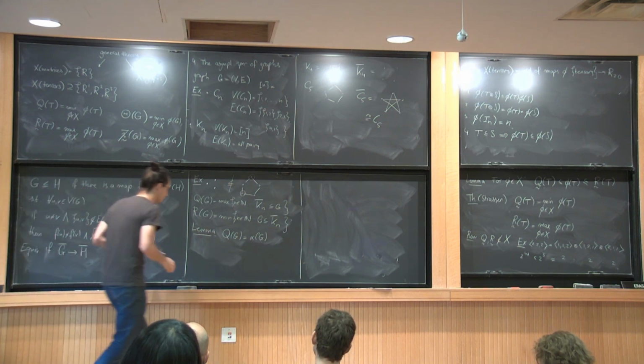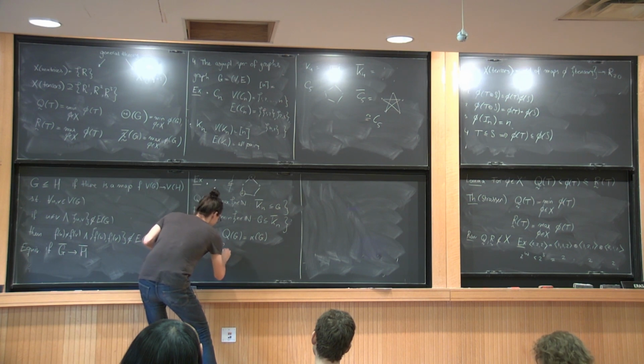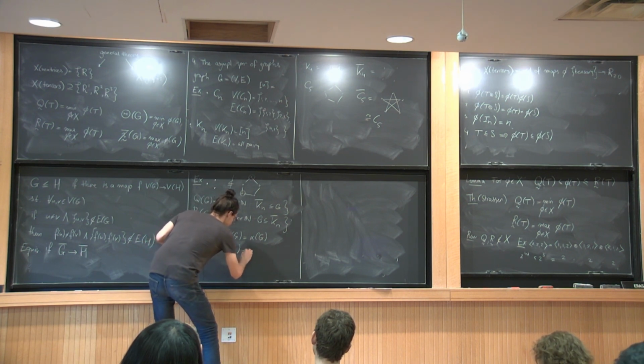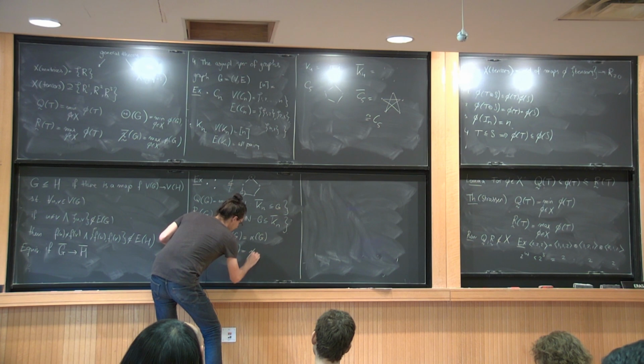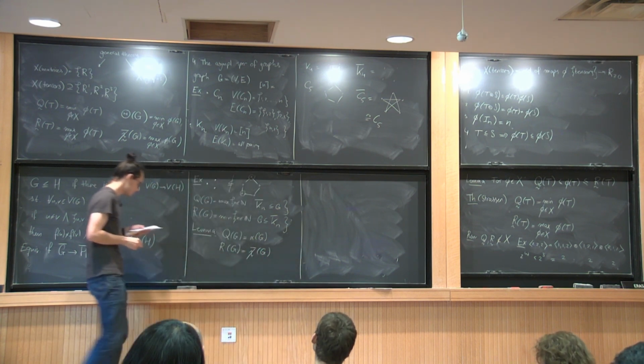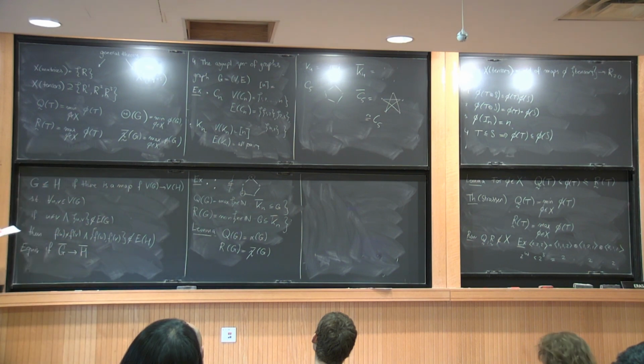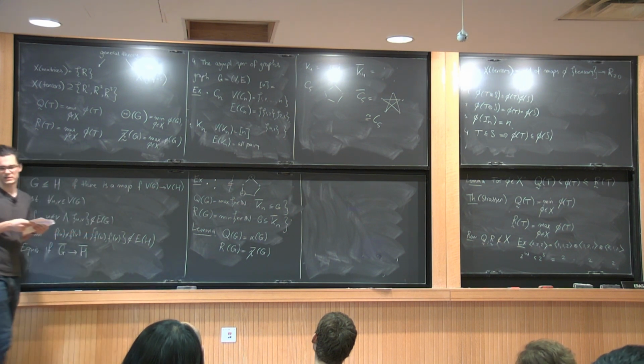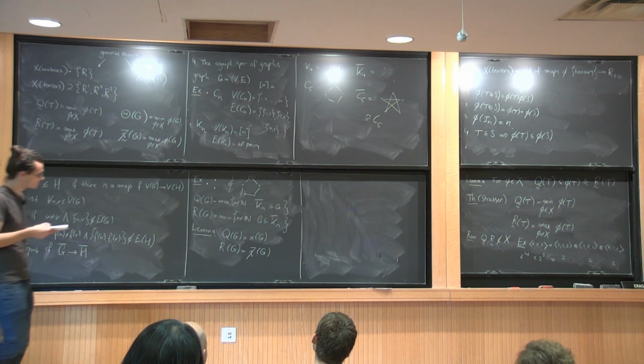And you can also look at the rank and observe that this equals the clique cover number of G, which maybe we don't really talk about now. Let me not give the proof. It's a simple proof. It follows from the definitions.